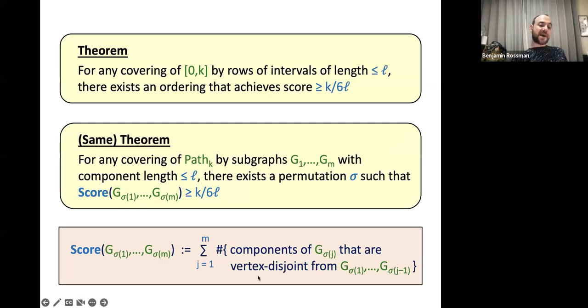For any covering of a path of length k by some subgraphs G1 to Gm, where the maximum length of any component in any of these subgraphs is L, there's some permutation sigma of 1 to m such that the score of the sequence G sigma 1 to G sigma m is at least k over 6L, where the score counts the components of G sigma j that are vertex disjoint from the previous ones. This is exactly the intervals that are not in the shadow of the previous ones.